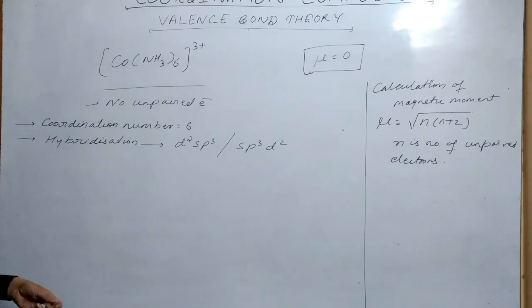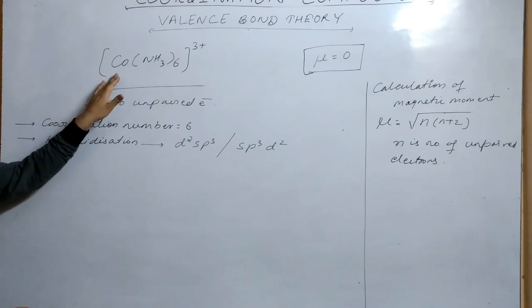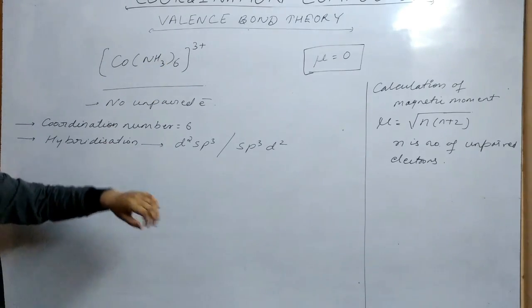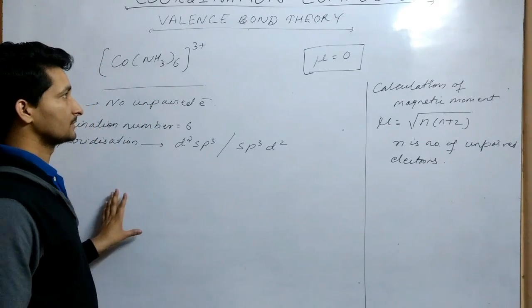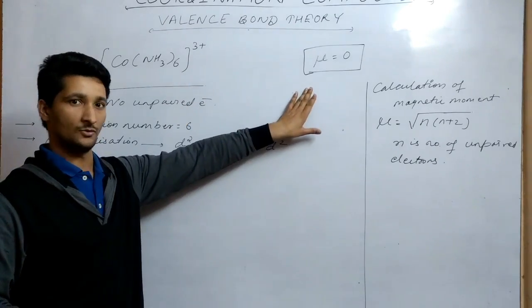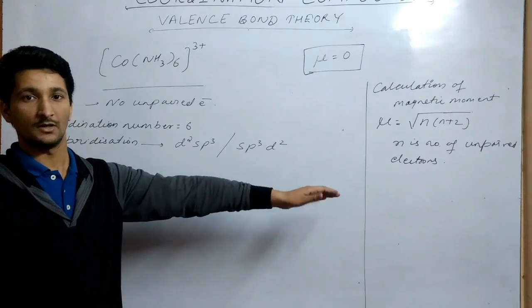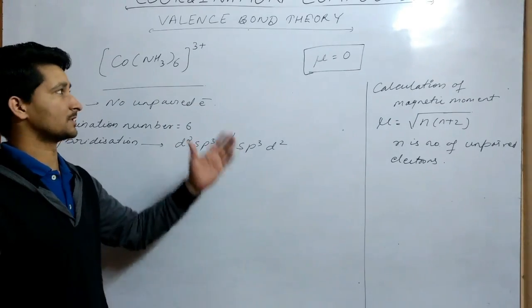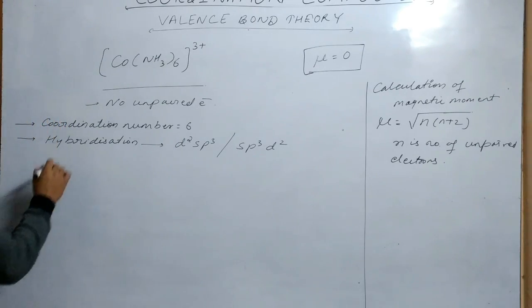Now we will see what the hybridization of this complex cation is. But before this, keep in mind that its magnetic moment is 0 and it has no unpaired electron. If there were some unpaired electron, then it must have some net magnetic moment.